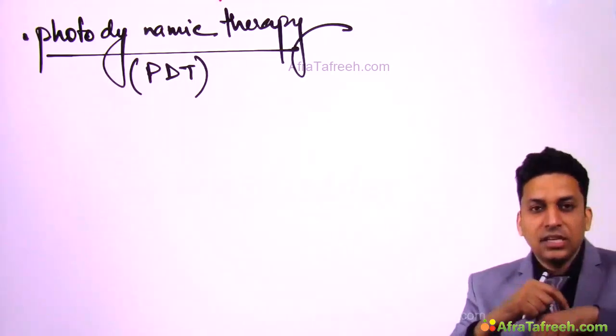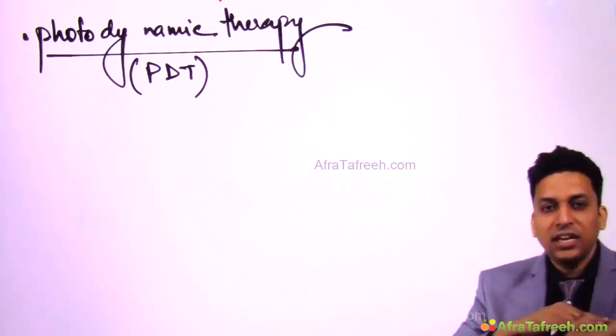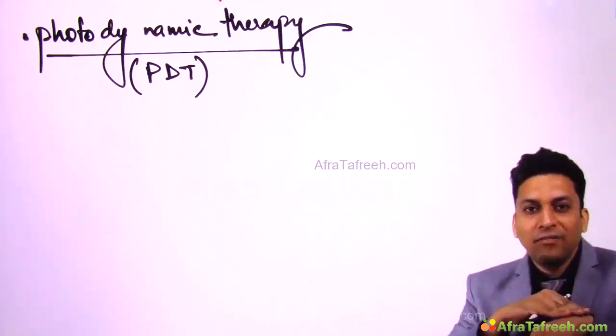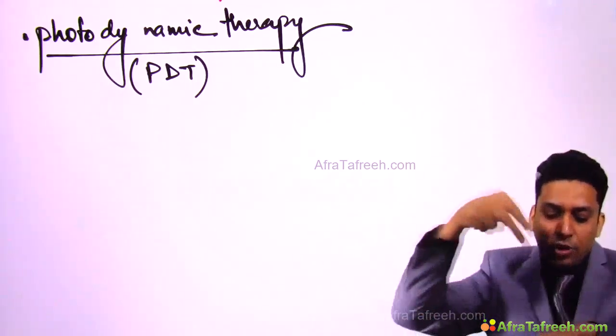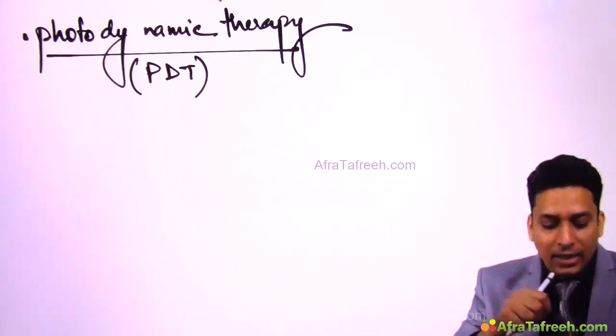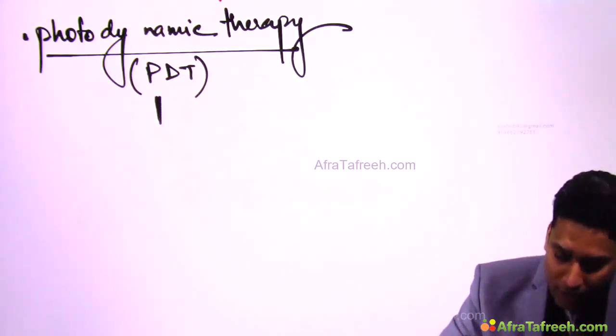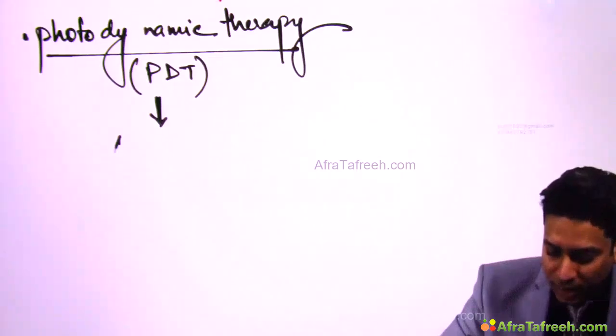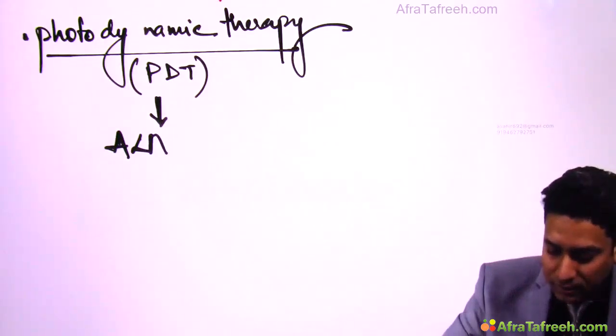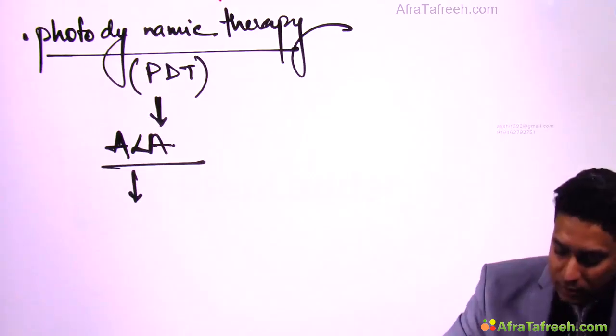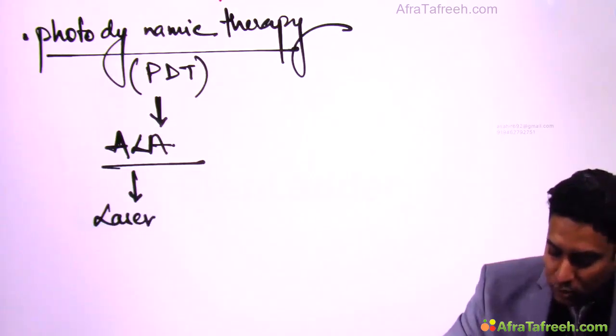Let us consider this is the lesion of actinic keratosis. Over this actinic keratosis lesion, we apply aminolevulinic acid. Okay, and then we show laser light. Okay, and what happens due to it? So first we apply aminolevulinic acid, then we expose it to laser light.